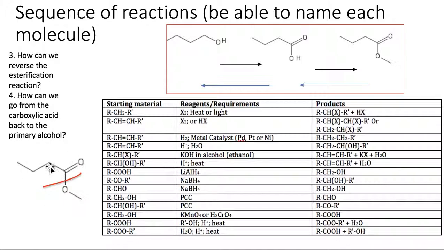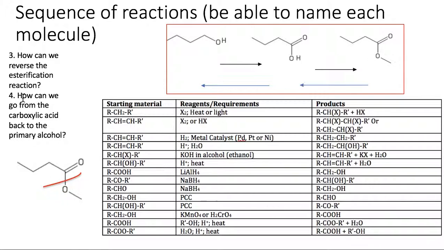And the other side with the carbon oxygen double bond will be your carboxylic acid. So how can we reverse the esterification reaction? By doing hydrolysis, right? With water and acid and heat, you get your carboxylic acid back and your alcohol that you added, okay?